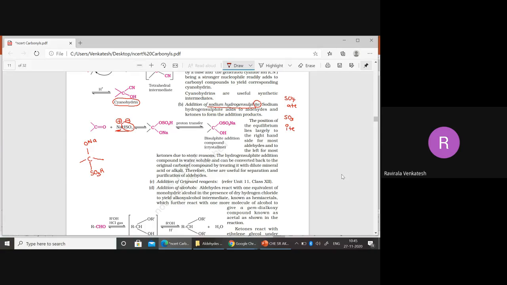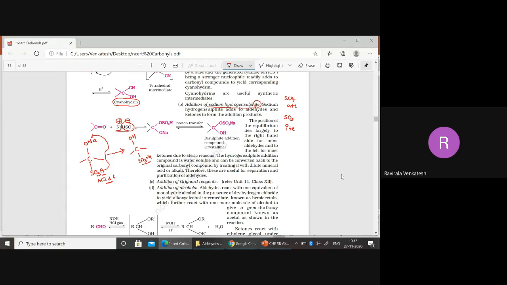After this, a proton transfer takes place, because this part is an acid. What is the function of an acid? Release of H plus. This H plus will now transfer to this oxygen. Now the carbon here with OH will get SO3Na.